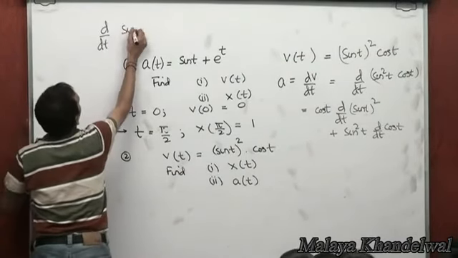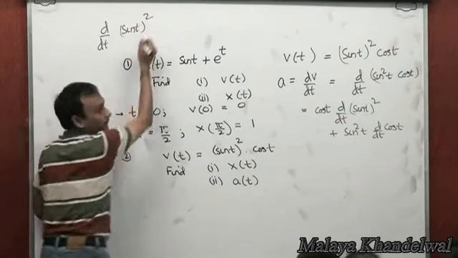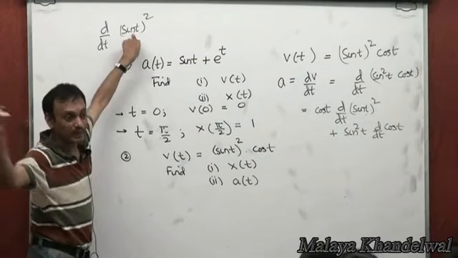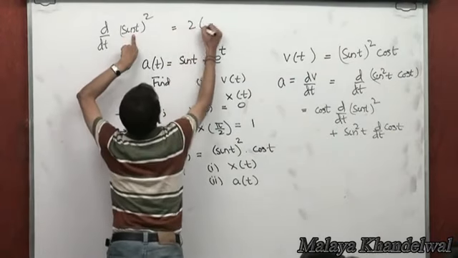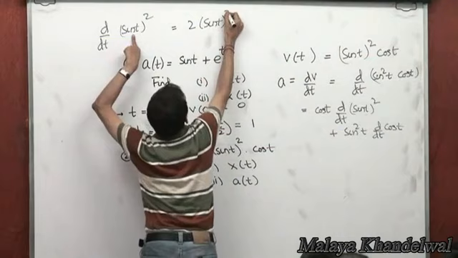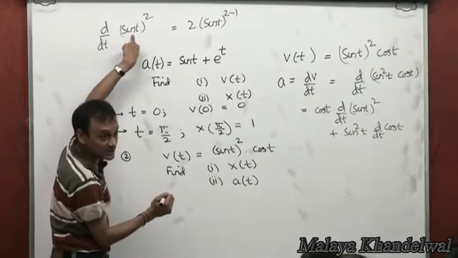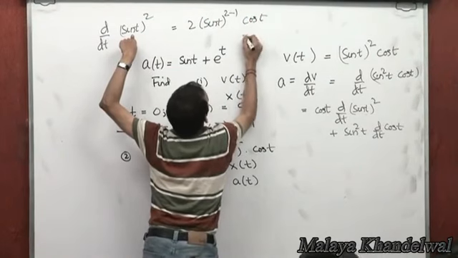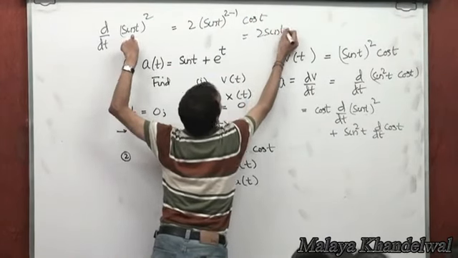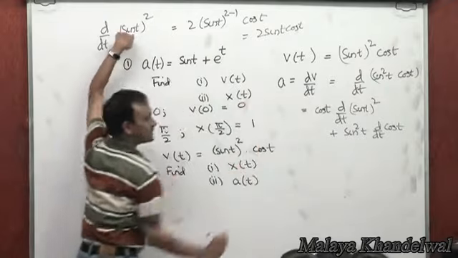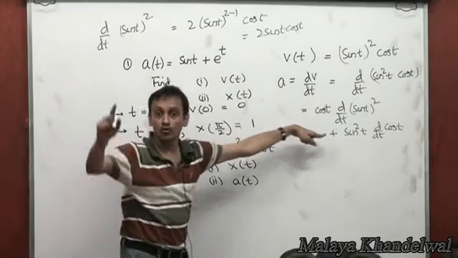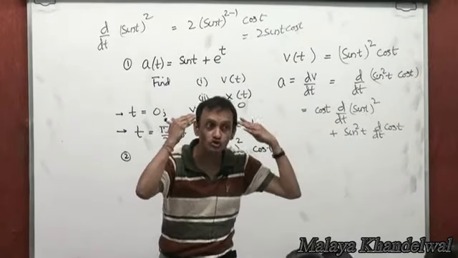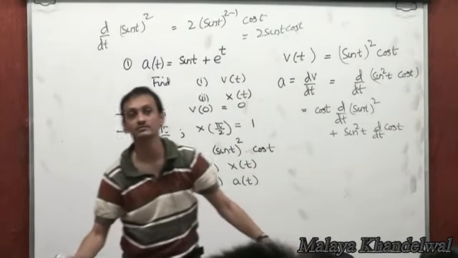Something to power m gives m into something to power m minus 1, and then come to sin t inside, that's cos t. So that makes it 2 sin t cos t. All of you have understood this? d dt of sin square t is 2 sin t cos t, right?